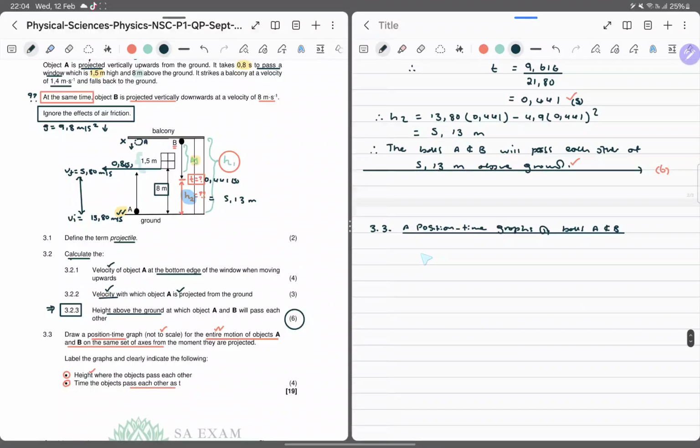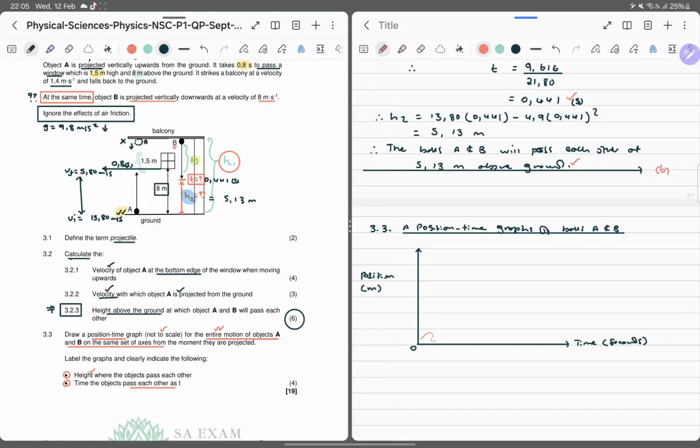We don't know what graph it is. And then, of course, the ground is the reference point in this case. So we're going to have here time in seconds. Then here we have position in meters. And then, of course, this is ground zero.